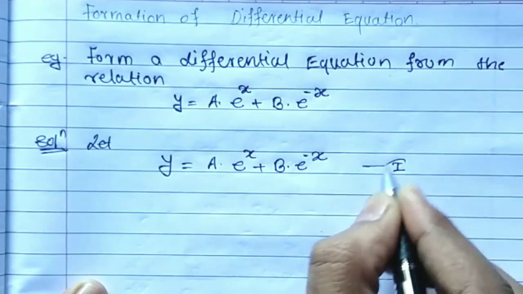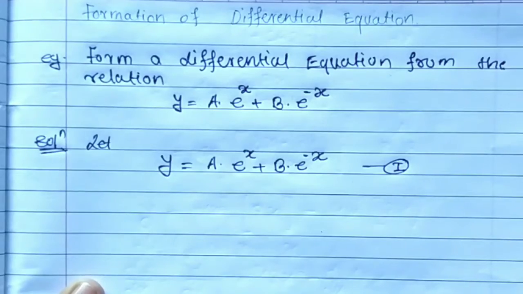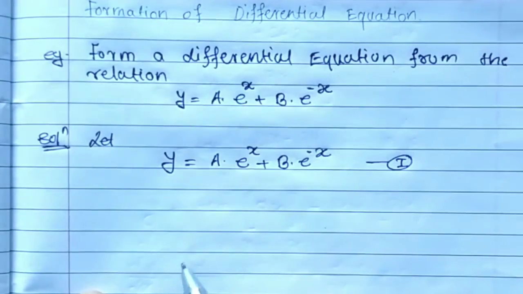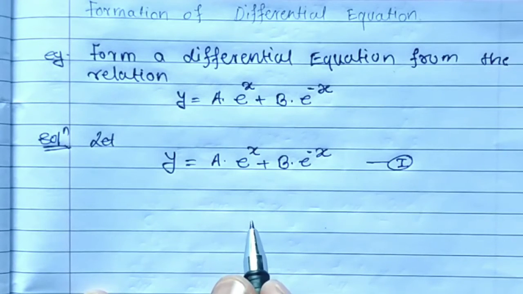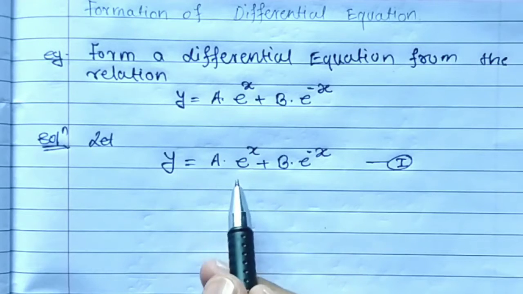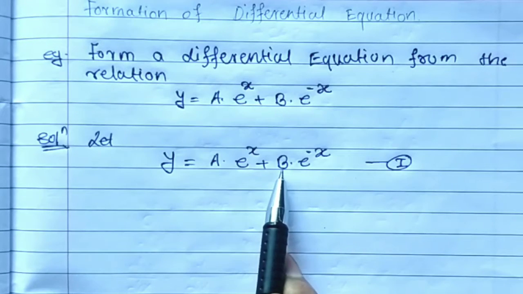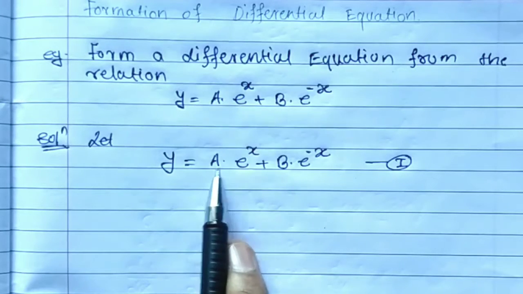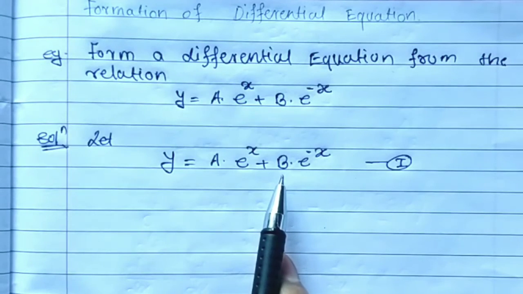Let us call this equation 1. The number of arbitrary constants is equal to the number of derivatives to be formed from this relation. Here we have two arbitrary constants a and b, so we need to differentiate two times.